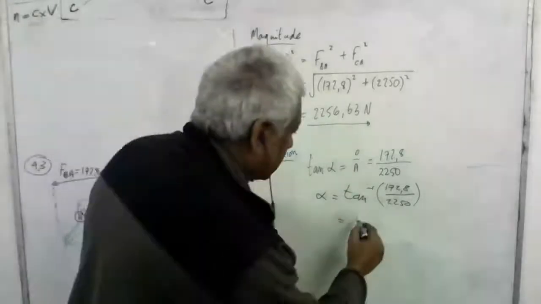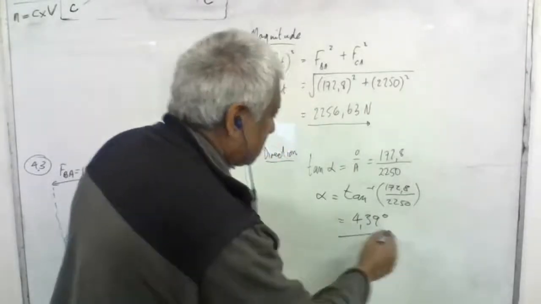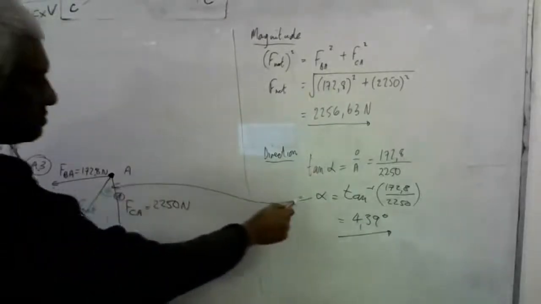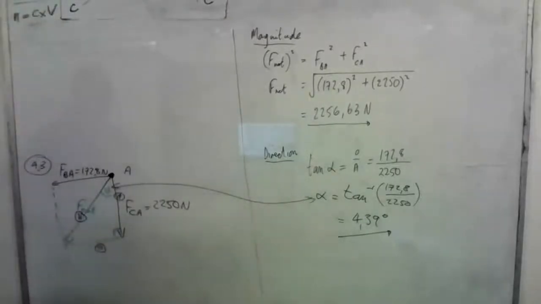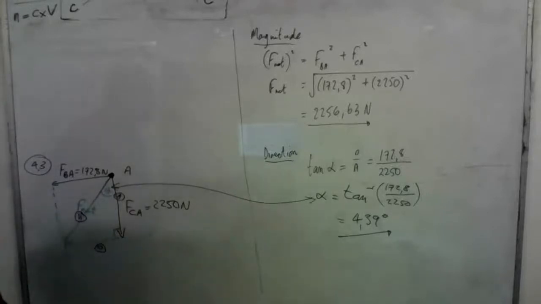That's a very small angle, 4,39 degrees. And then you can just show that on your diagram, the arrow. Alright. Are there any questions, anybody?